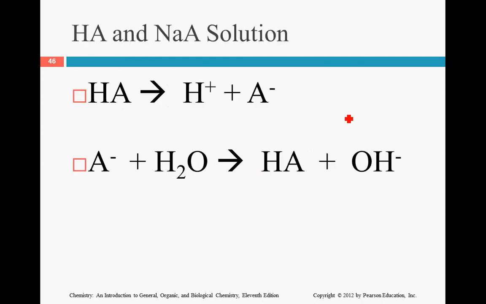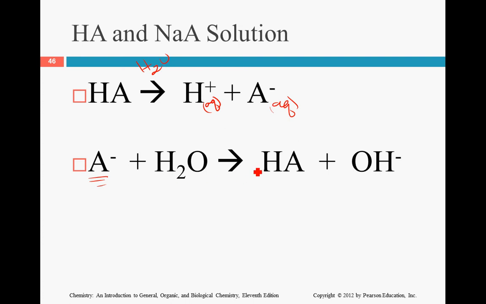We're going to put both of those into a solution. So if we add water here, we now have hydrogen plus rolling around and A minus, the conjugate base, rolling around. But we're also at the same time going to add the A minus to it.